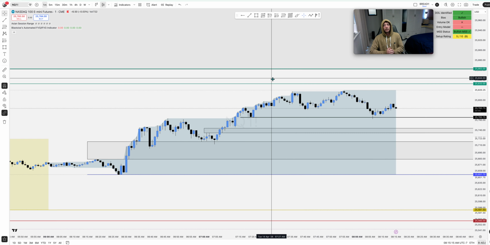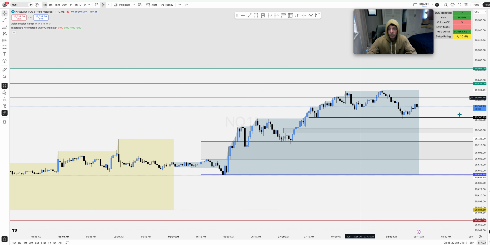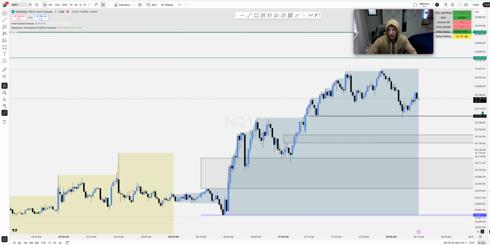Whereas the draws, we want to have a higher time frame narrative, and then we can slowly go down to the lower time frame to find an entry. We can see shorts are playing out right now.